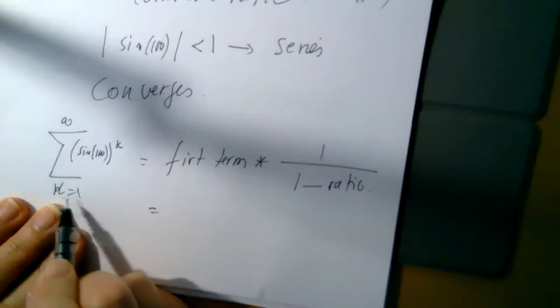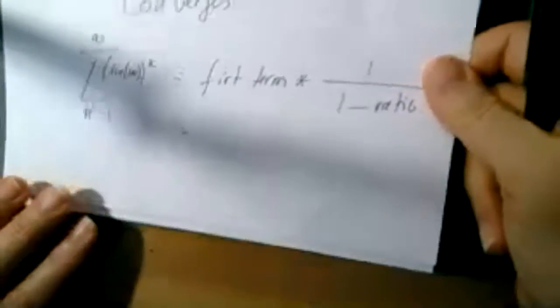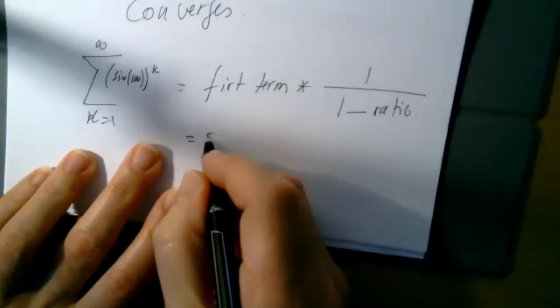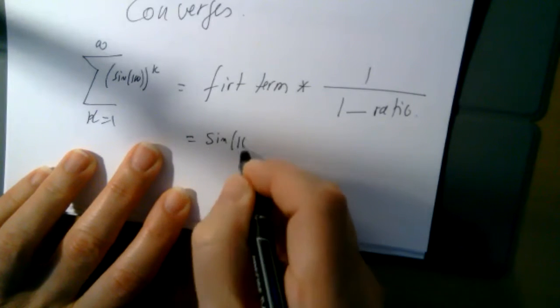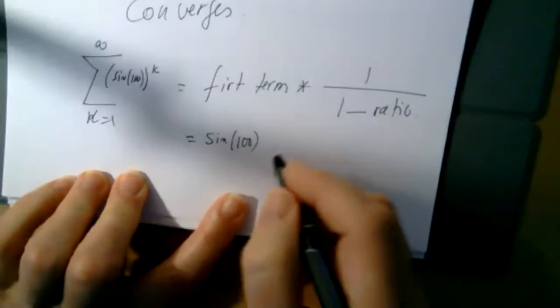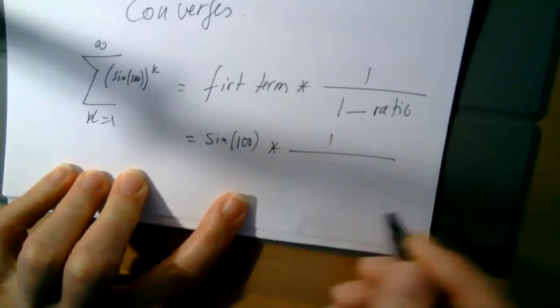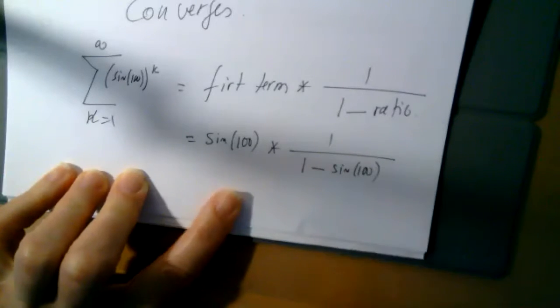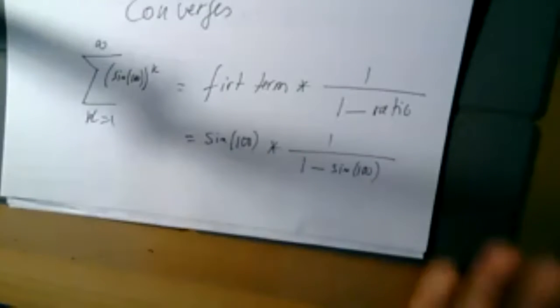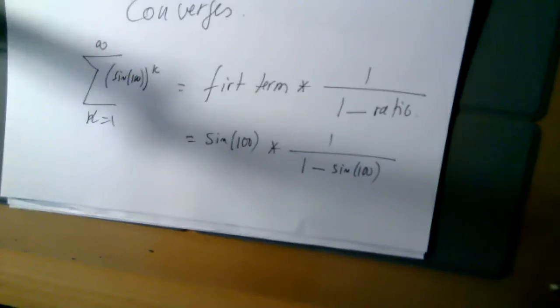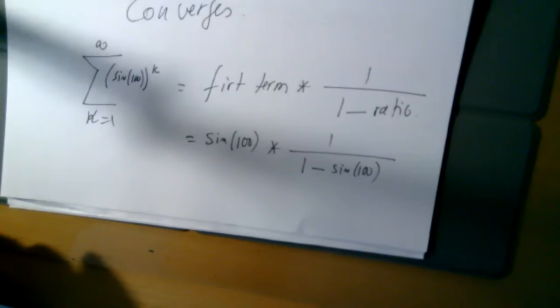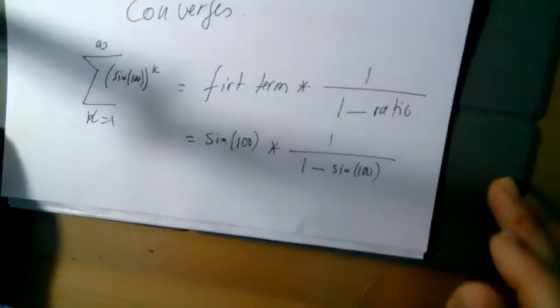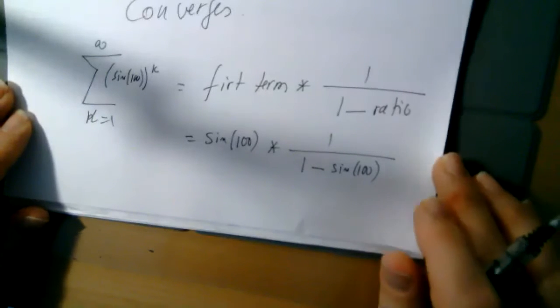The first term is what happens at k equal to 1, so it's sine 100. So the sum is the sine of 100 times 1 over 1 minus the sine of 100. Now to find the value, you just have to pick it up from your calculator and find it. All right? Is this problem clear?